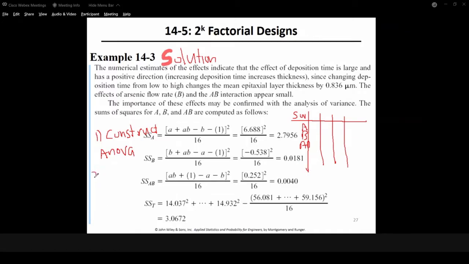Number 2, plot the main effects. Plotting is always very difficult, right?